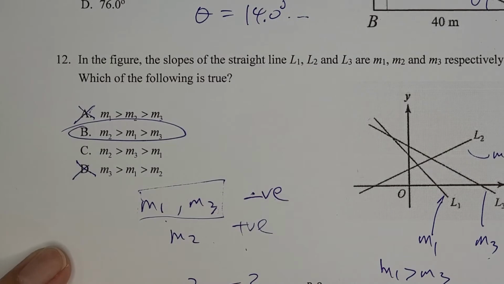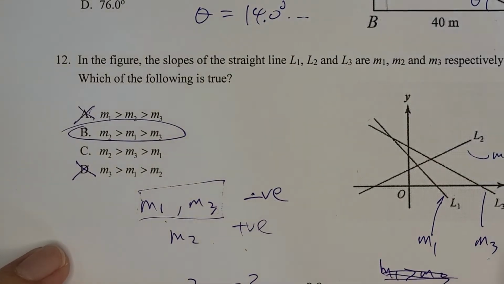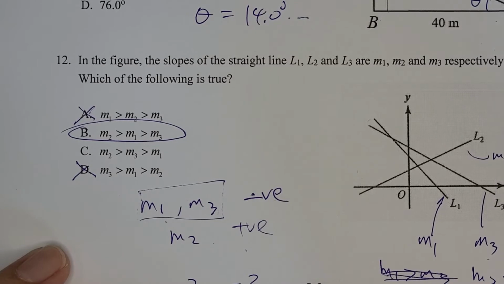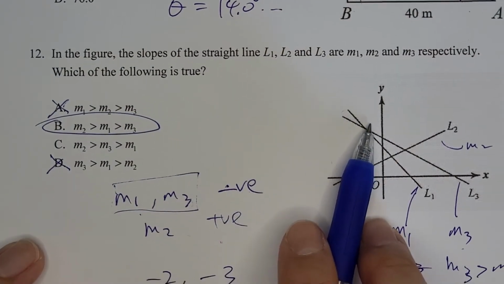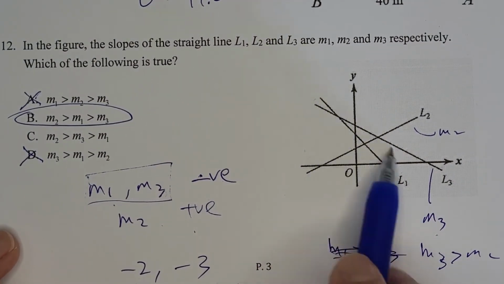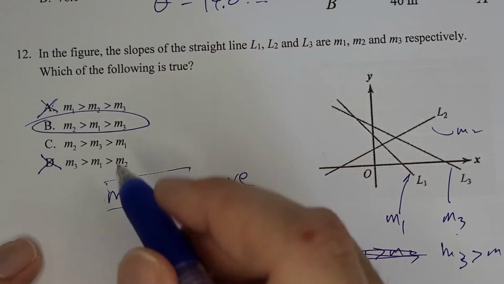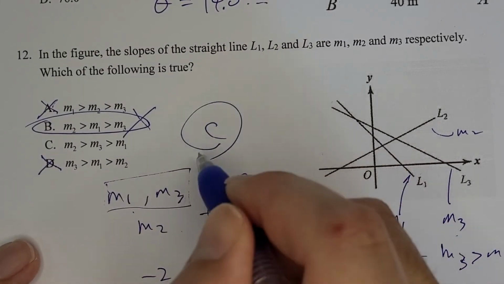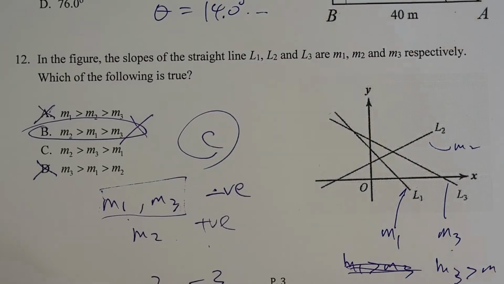Oh, sorry, I made a mistake earlier. M3 should be greater than M1 because L3 looks not so steep. So C should be the answer.